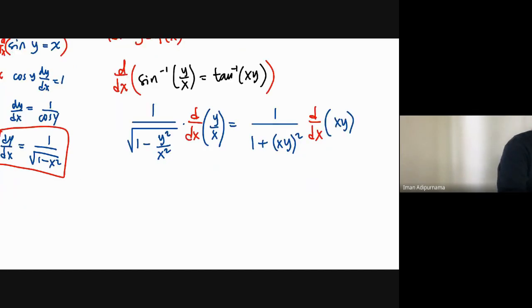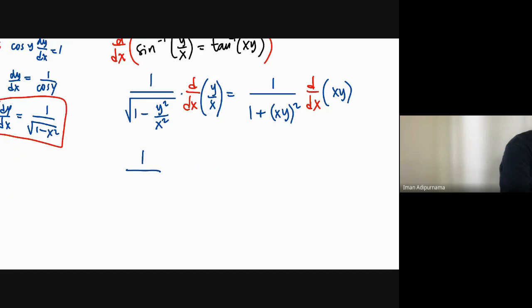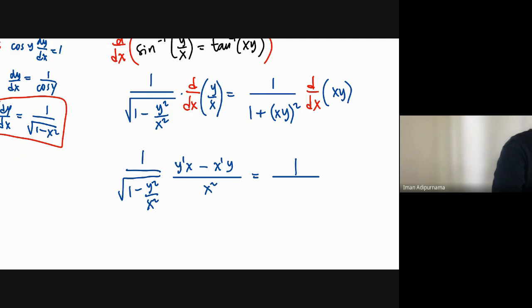Okay. Now the y over x we can solve by the quotient rule. It takes some writing for solving this. So dy dx, or maybe to make it simple, let me just write y prime x minus x prime y equals this one.